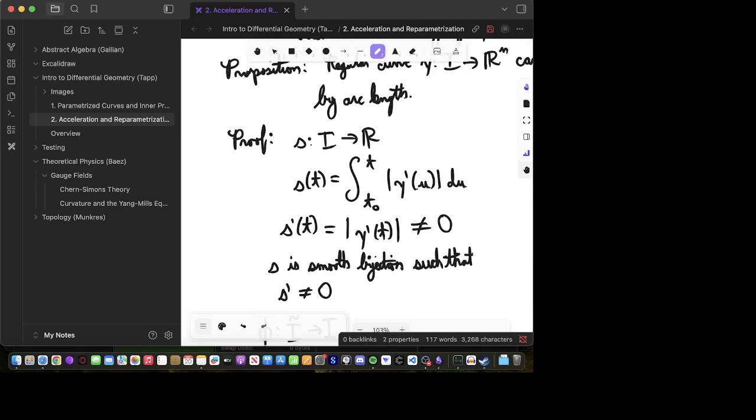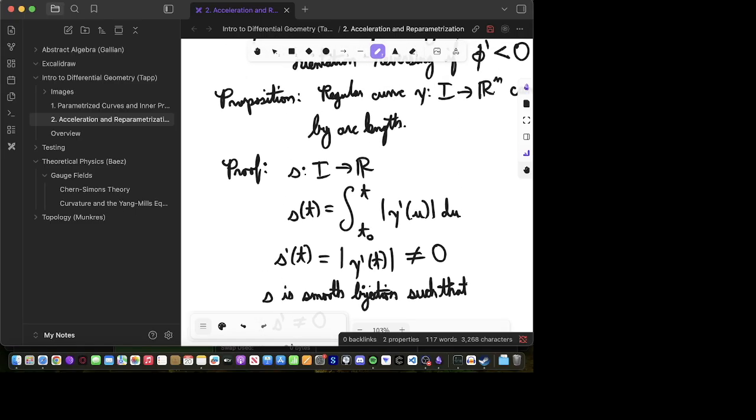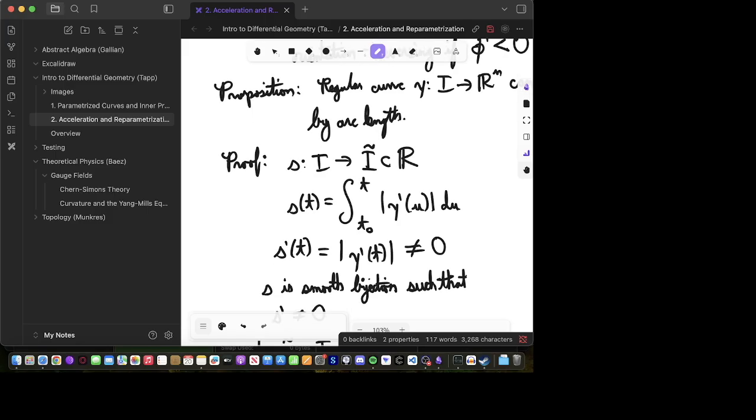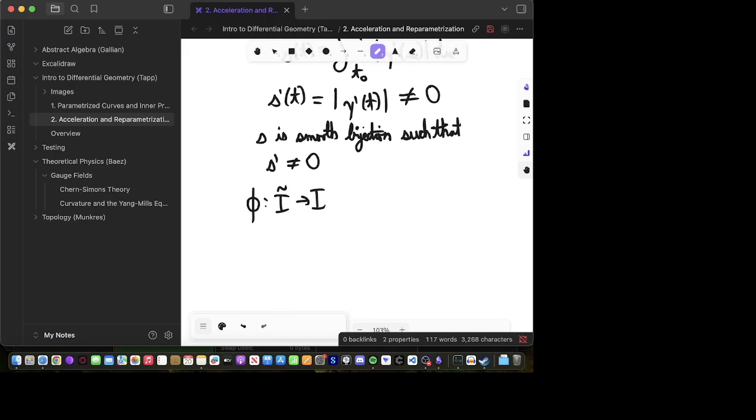And just for the record, let's say that S maps to a subset of R, which we're going to call a second interval. This works because the function phi is going to be the inverse of the arc length function, as we will soon see.